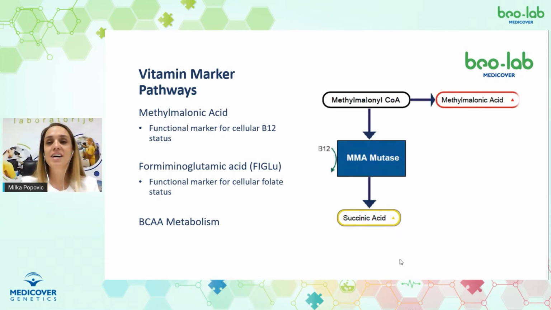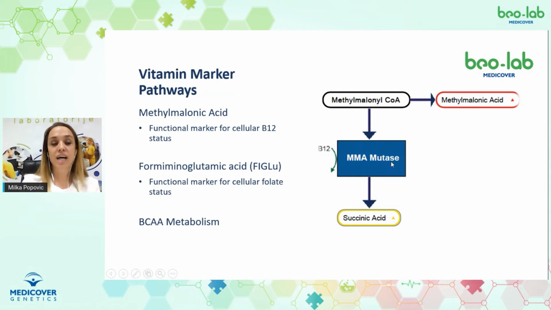So I'll go back to methylmalonic acid. You can see that this metabolite, methylmalonic acid, is circled in red. So you'll see the methylmalonyl coenzyme A is transformed, with the help of vitamin B12, into succinic acid.